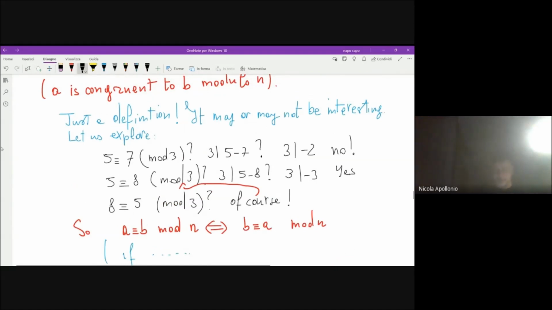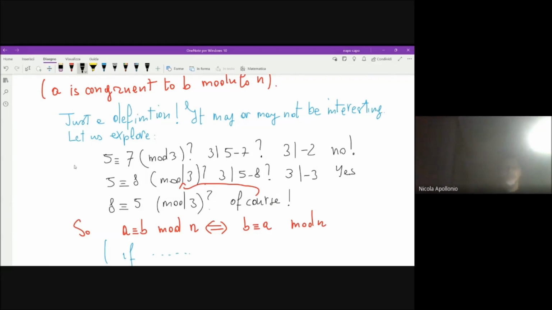Just explore the definition. For instance, let us fix modulo 3. So is 5 congruent to 7 modulo 3? I don't know. Let us check. Does 3 divide 5 minus 7?